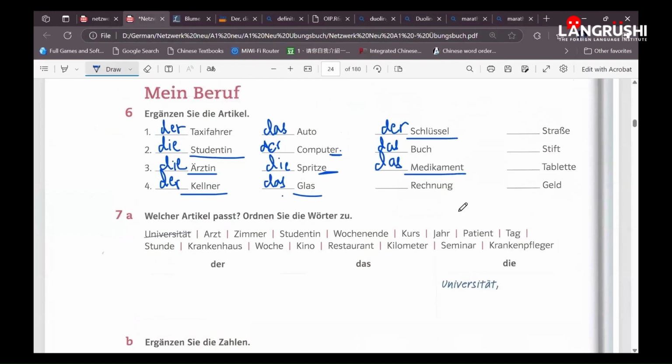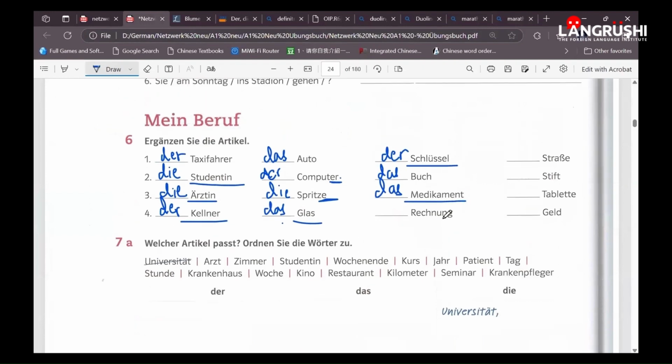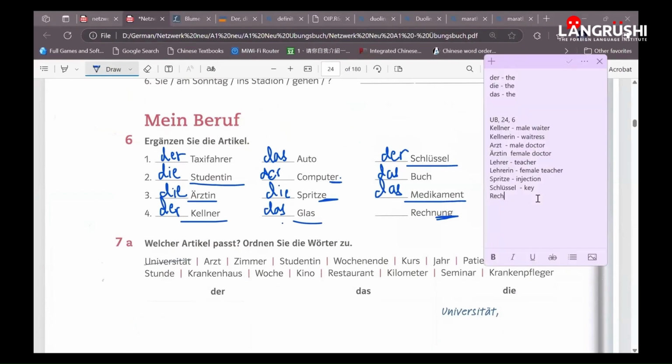Now the next one, who would like to tell this one? It is Rechnung. Invoice. Bill. Yes, bill, invoice. Die Rechnung is bill and Speisekarte was menu card, I guess. Correct.